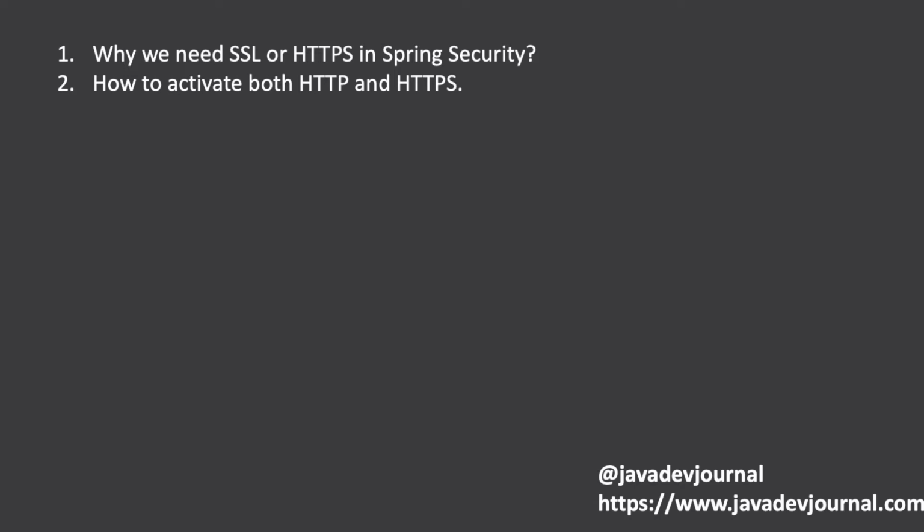Moving forward, the trend is that everything should be HTTPS, that your entire site should be on HTTPS. But just to give you an idea how it works in Spring Security, I'm going to keep some sections only for this tutorial as HTTP, and anything in my account section will go to HTTPS.